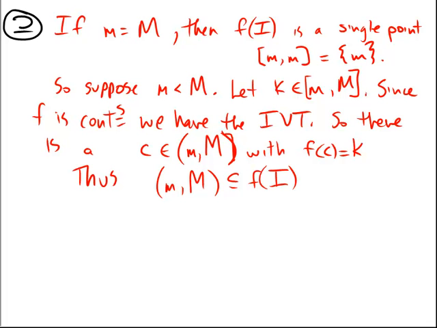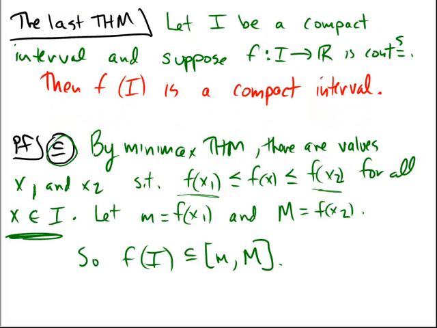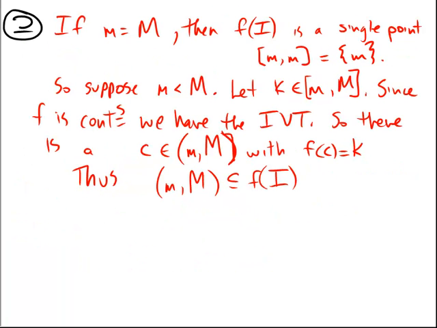We didn't technically get the endpoints, but remember that we really did, because m and M were f of x1 and f of x2, with x1 and x2 taken from I, and they actually hit the minimum and the maximum, because the Minimax theorem says that you actually attain those minimums and maximums.